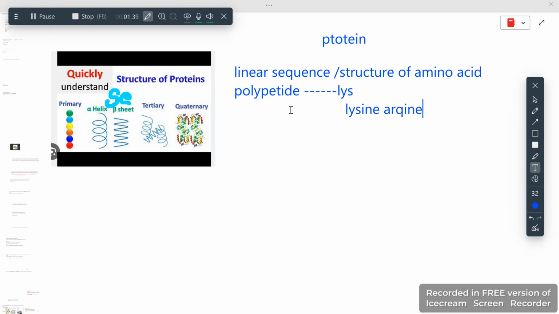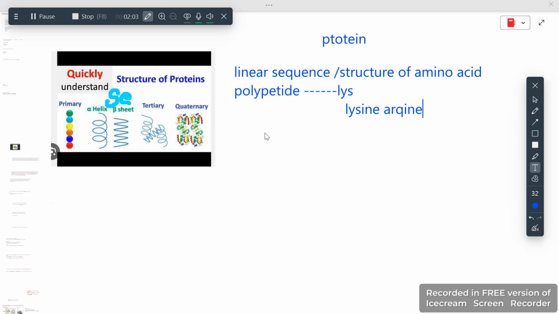Now we are not about to discuss that, but lysine, which I discussed in the last video, and arginine have a simple structure like H, and on the side we have H. In the middle, we just take one carbon, H, COOH, and NH2. I have discussed this in the last video, so I'm not going to discuss it here.